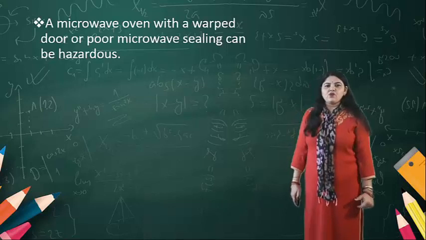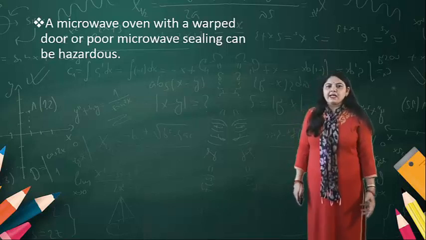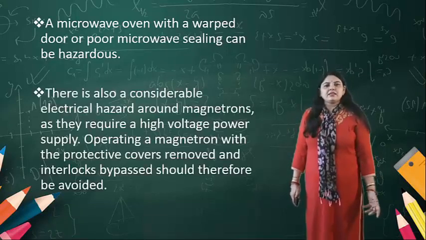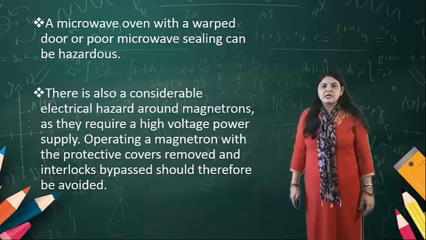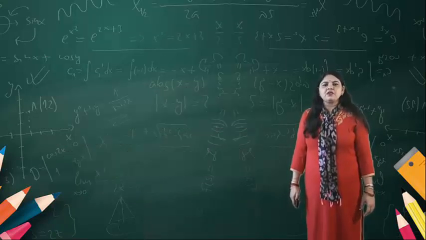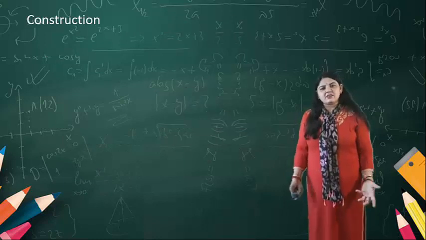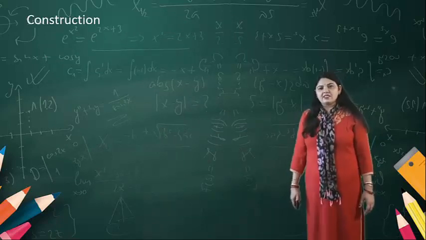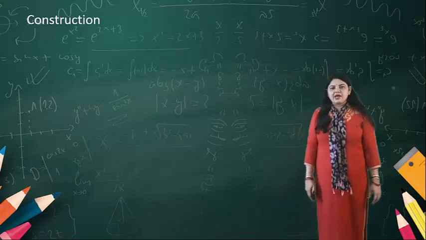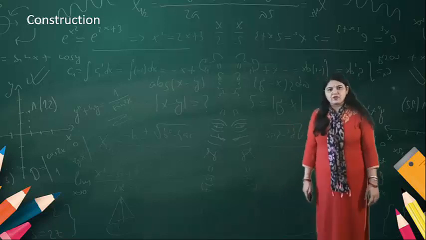A microwave oven with a warped door and poor microwave sealing can also be hazardous. This way it can be useful, and there are some disadvantages also for the microwave magnetron.